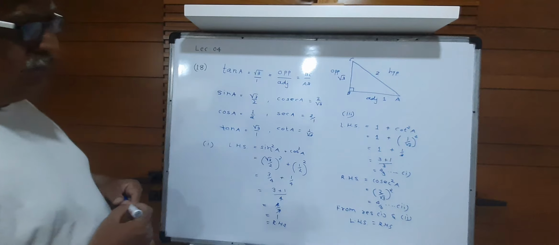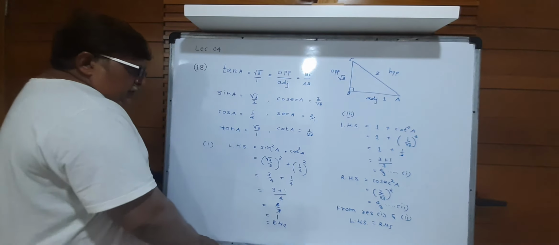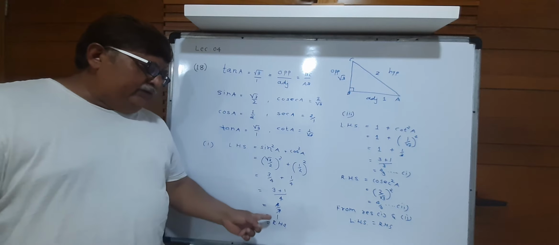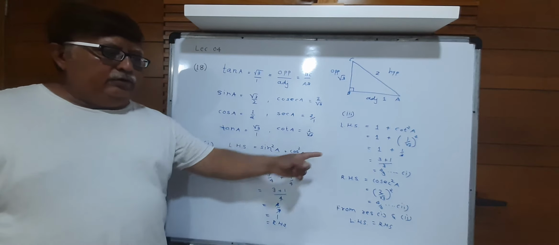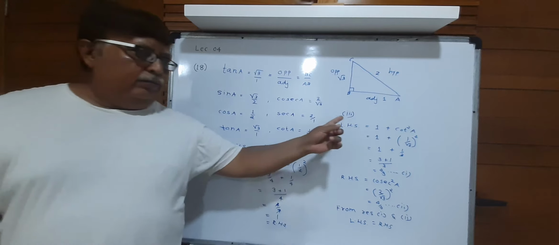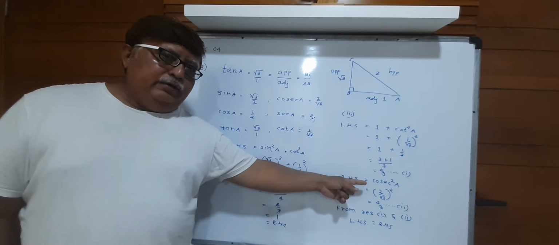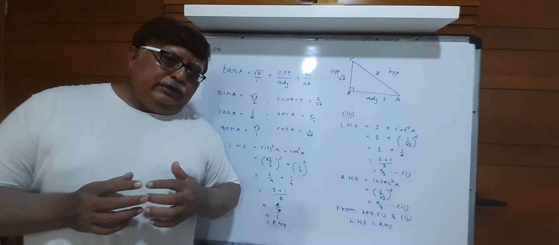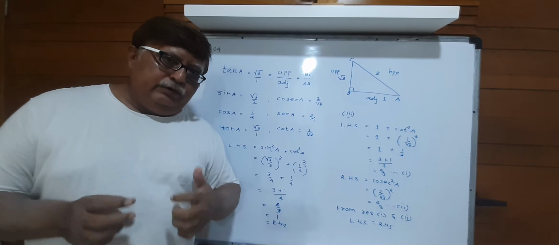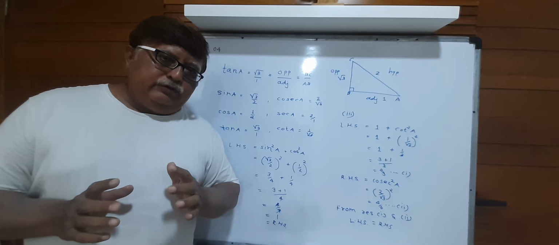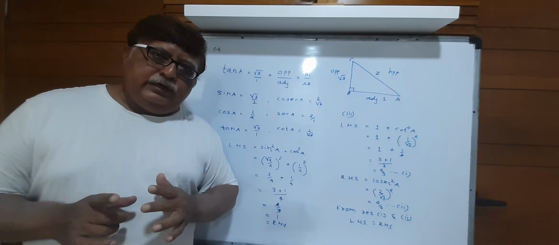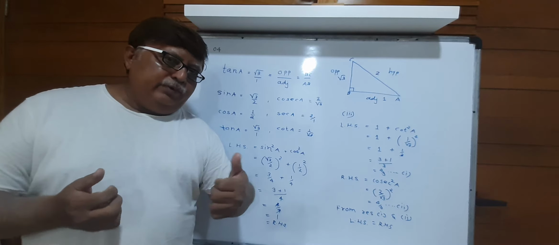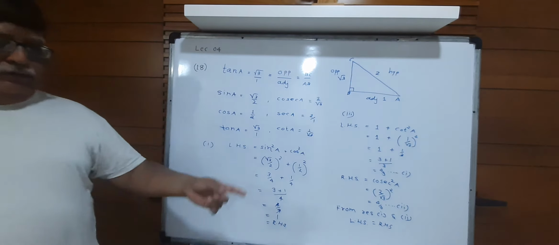Just look at the sum, dear student. Here, because you have to prove one thing, directly LHS equal to RHS. Here you have to prove two identities, 1 plus cot square A and cosec square A, so you have to evaluate both separately. First 1 plus cot square A, then cosec square A. Evaluate them separately, you will get the answer.